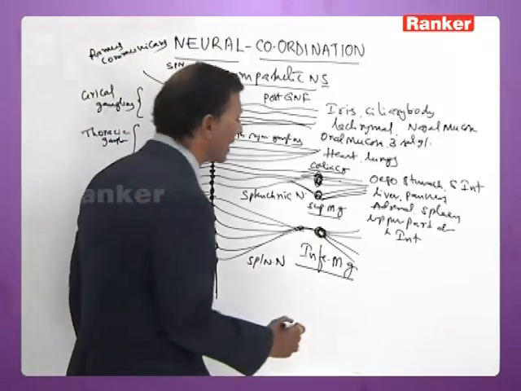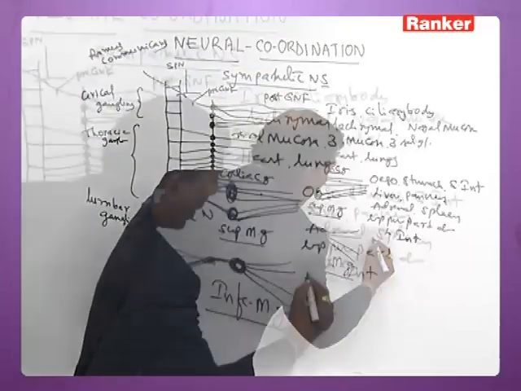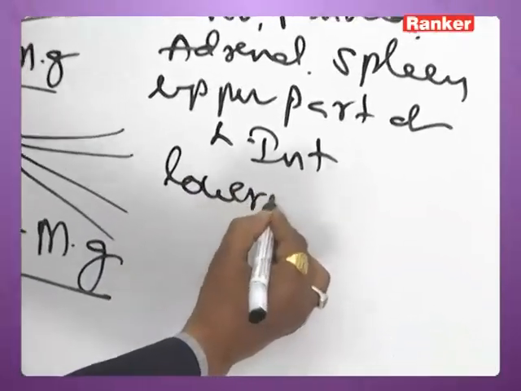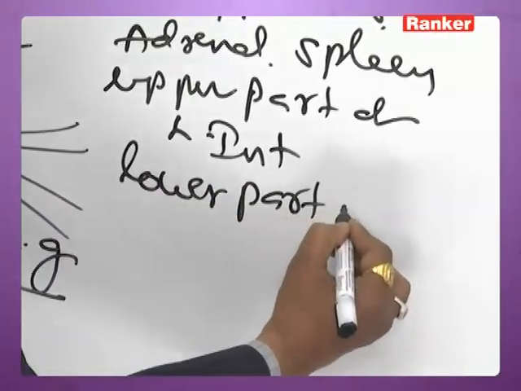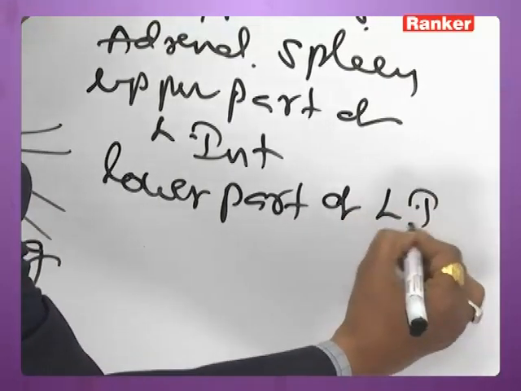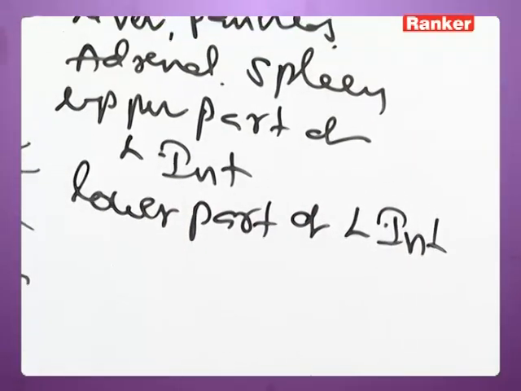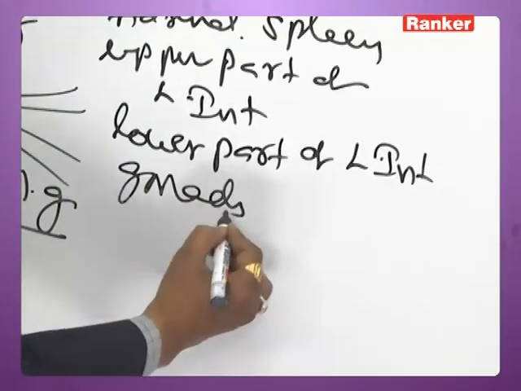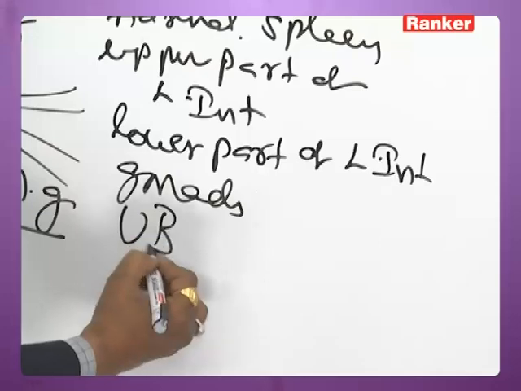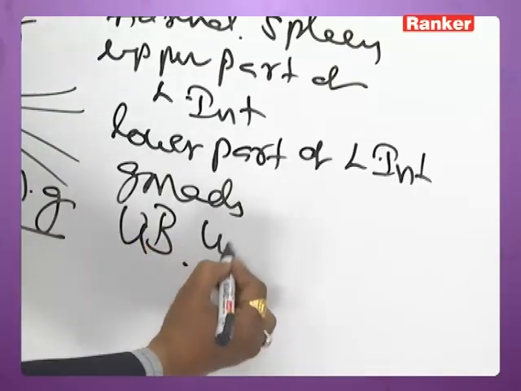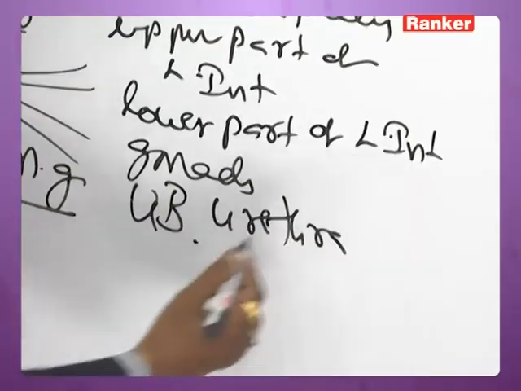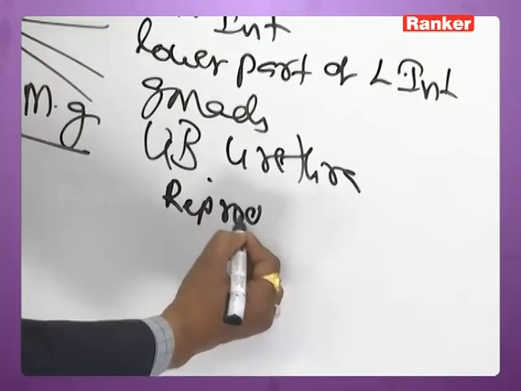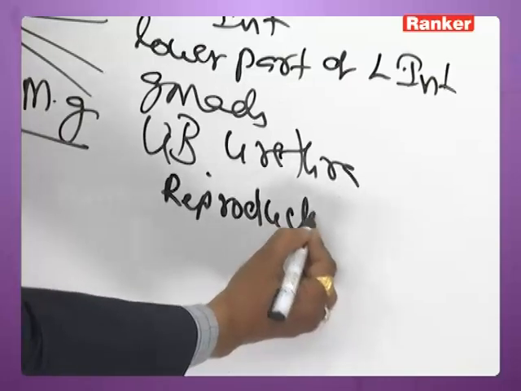Now these postganglionic nerve fibers are supplied to lower part of large intestine, like you can say rectum, colon and all. Then gonads, testis and ovary, then urinary bladder, okay, urethra, reproductive organs, external, that is external genitalia.